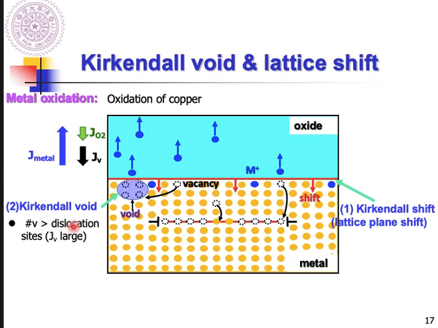Then if there are too many vacancies, probably part of them will replace the atoms on the edge on the dislocation site, but we still have more vacancies, right? In this case, if the void formation energy is low, that means the vacancies easily accumulate and form voids, and the growth rate of voids is much faster than the diffusion rate of vacancies through the copper material.